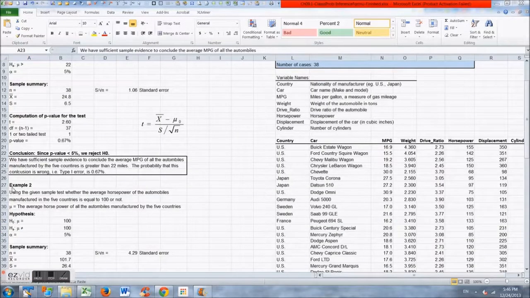So the first part is we have sufficient sample evidence to conclude the average MPG of all automobiles manufactured by the 5 countries is greater than 22 miles, because we've rejected the null hypothesis, so we're going with the alternative. Now, but there is a probability that this conclusion will be false, and that is the p-value. So the probability that this conclusion is wrong, that is type 1 error, is 0.67%.